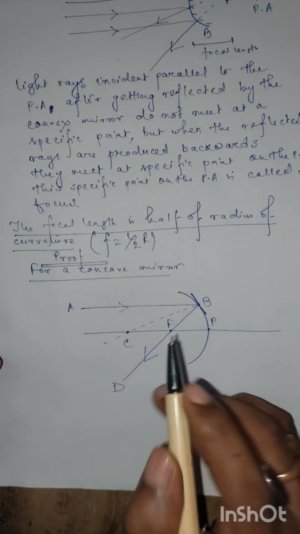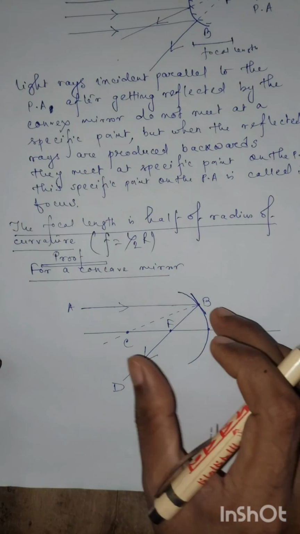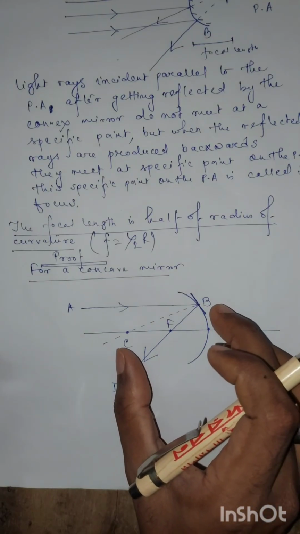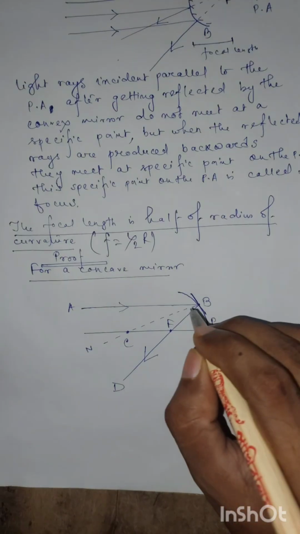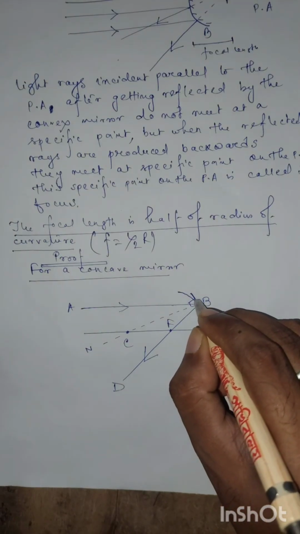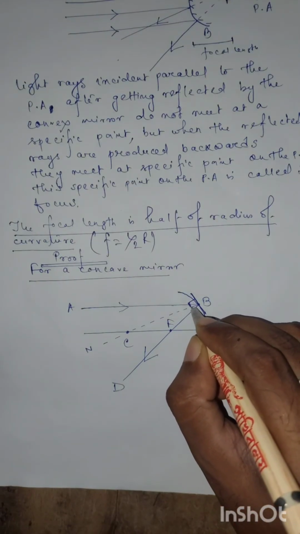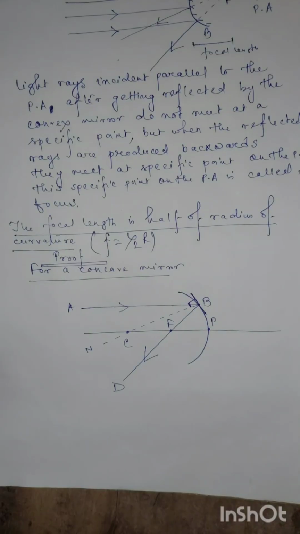So this is our normal. Let us say it is BC, or BN. That means this angle is 90 degrees.